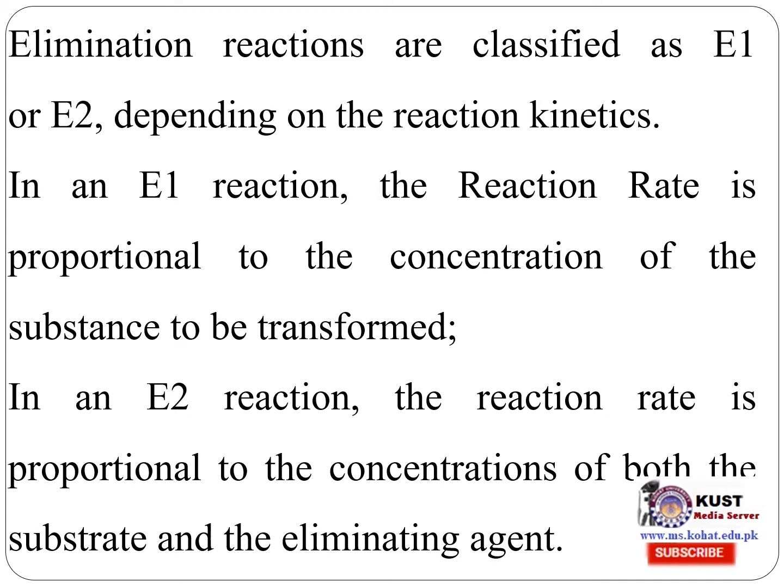So here in E1 reaction, the reaction rate is proportional to the concentration of the substrate. In E2, similar to SN2 reaction, in which two molecules are involved in the rate determining step or the slow step, the reaction rate is proportional to the concentration of both the substrate and the eliminating reagent.